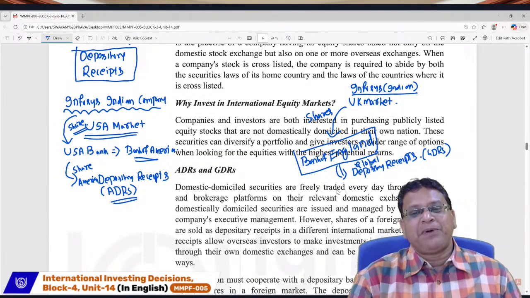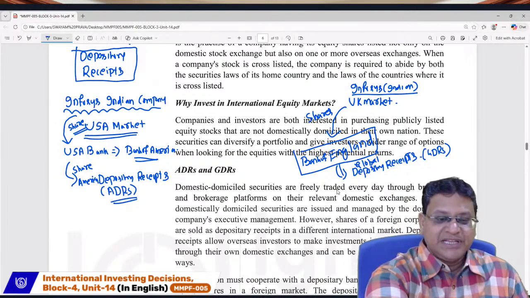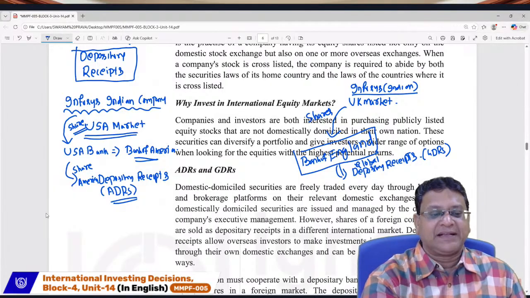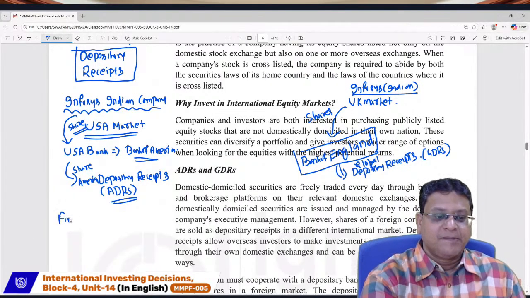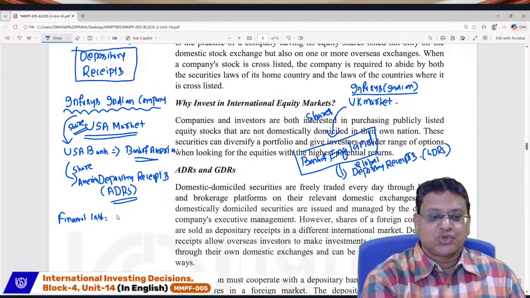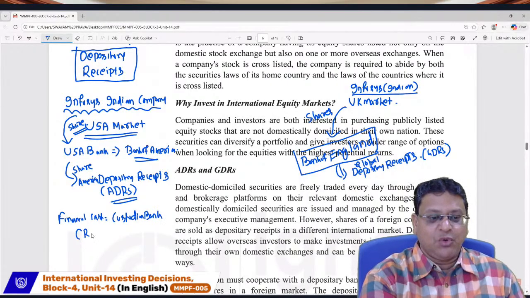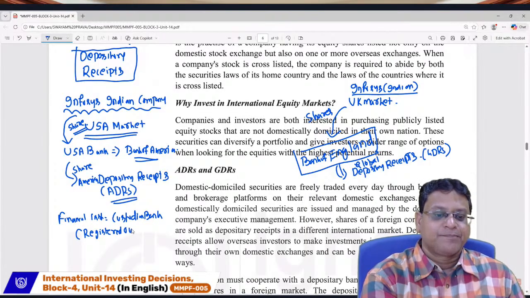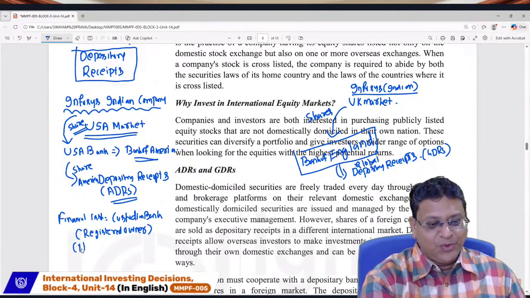In this case, the financial institution is the custodian bank, and it is the registered owner of the securities. It is the nominal owner of the security.